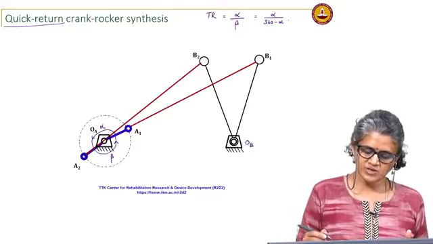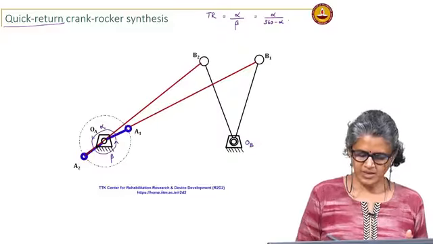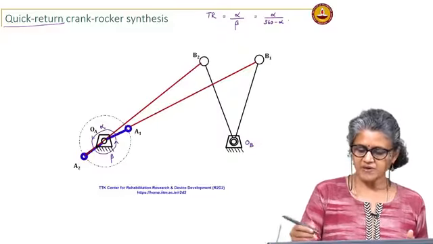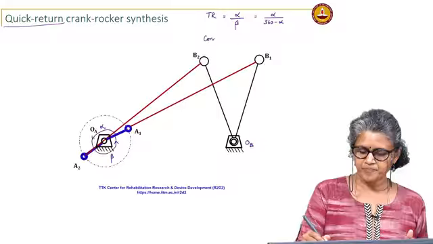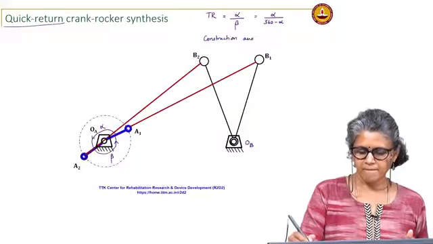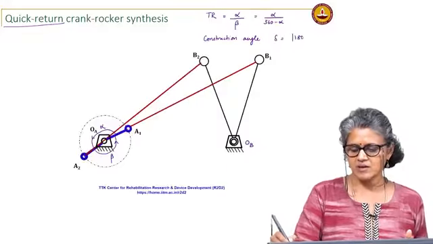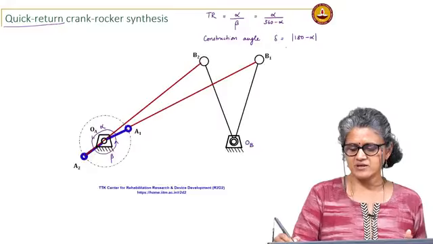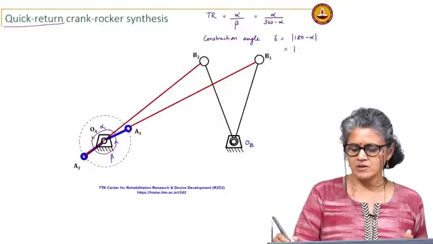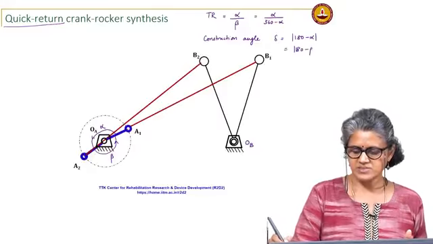So, now I define a construction angle delta as mod of 180 minus alpha or mod of 180 minus beta.